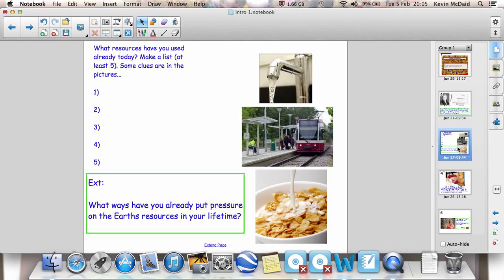But it's not just that. Think about your phone, the metals in your phone, zinc, iron, steel that's used to make the cars that you drive around in. Resources aren't just about what we can burn or dig out from the ground though, it's what we eat. Every time you have a meal, you are using resources.